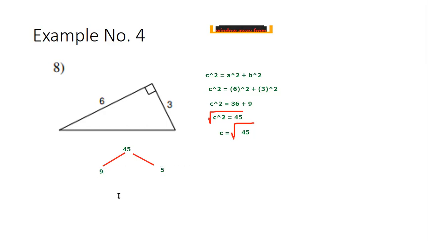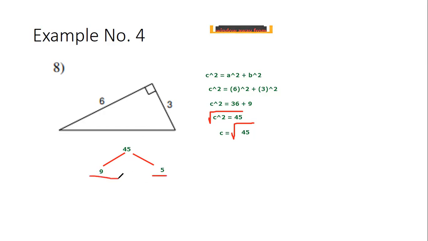Can we factor out 5 here? No. Why? Because 5 is a prime number already. Our definition of a prime number states that its factors are only the number 1 and the number itself.